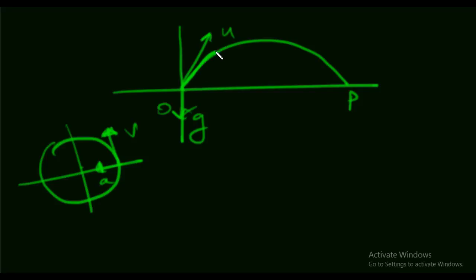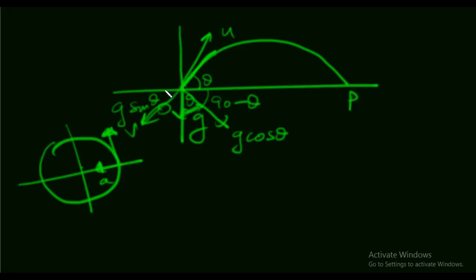So we assume a small portion of it to be a circle and then take the component of gravity. For example, this is theta, this would be 90 minus theta because we have to make it perpendicular. This whole angle must be 90, this must be 90 minus theta, and this must be theta. So this component becomes g cos theta, right? And this component becomes g sin theta.